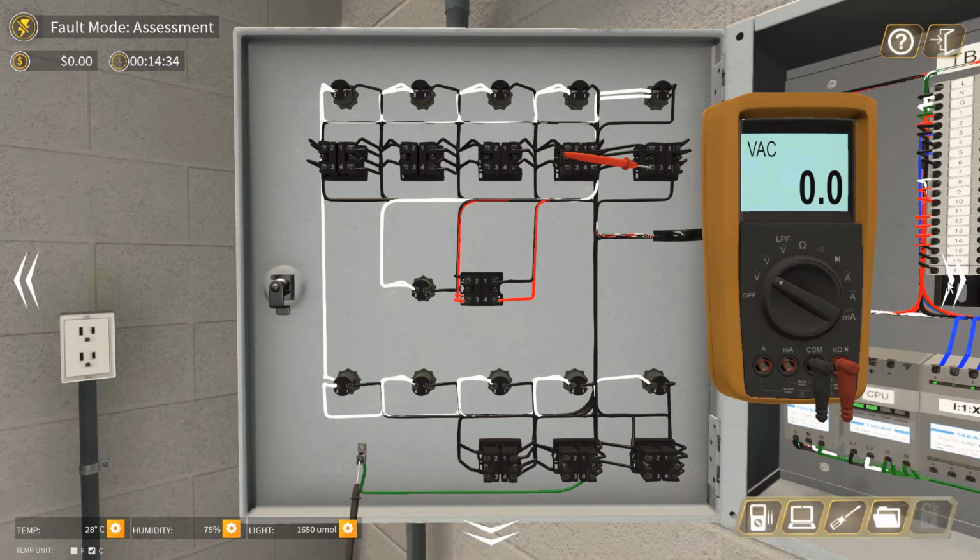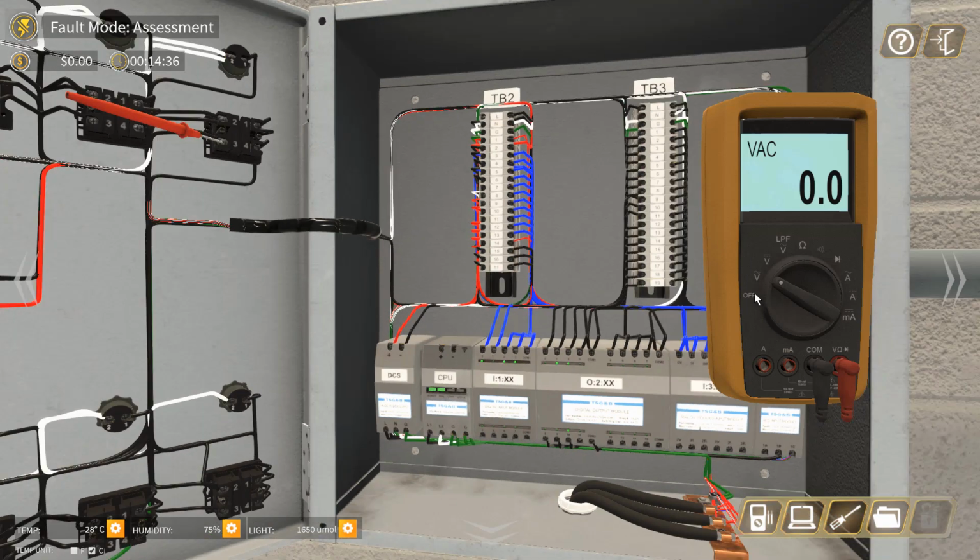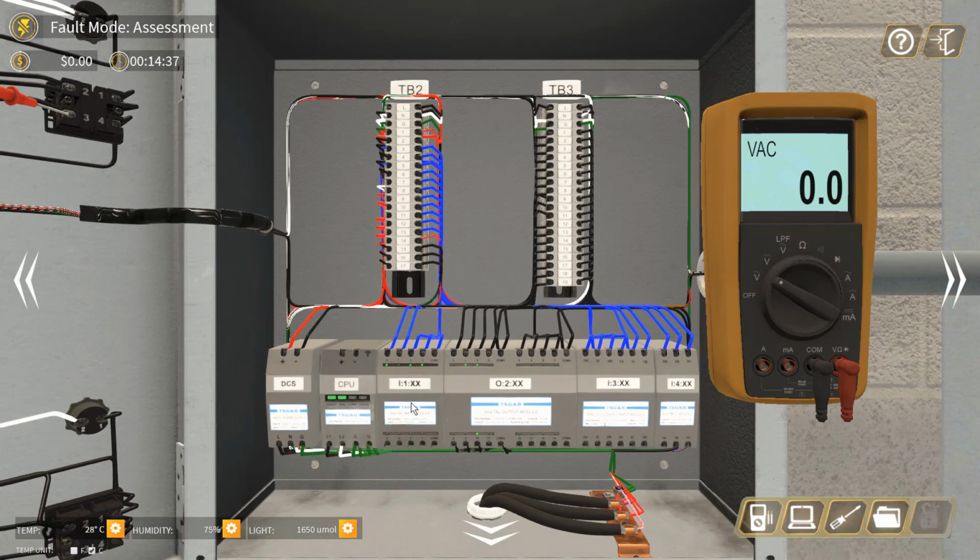Meaning that the AC current will flow through and source the PLC output switch via the PLC common point here. Okay, AC current will source the PLC output switch via the common point of the PLC. Then it will sync the load to the ground or the neutral line.